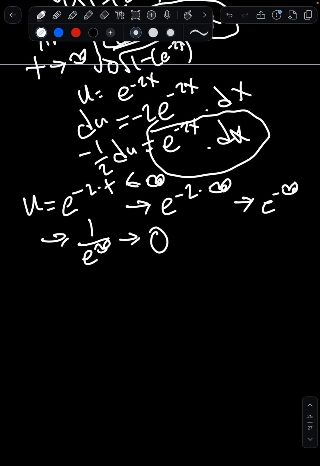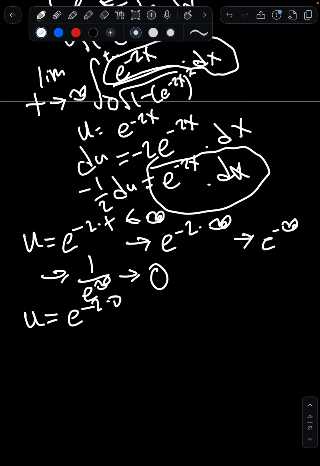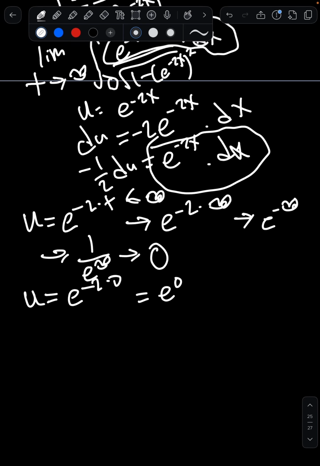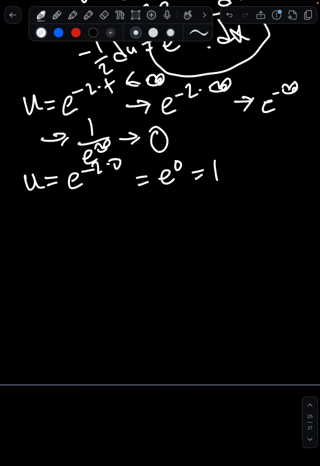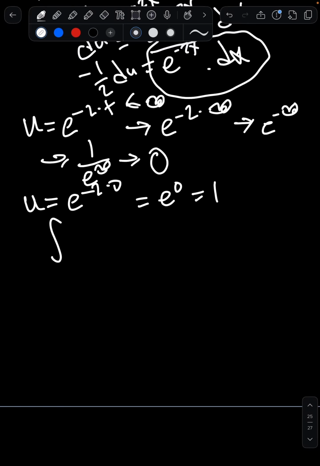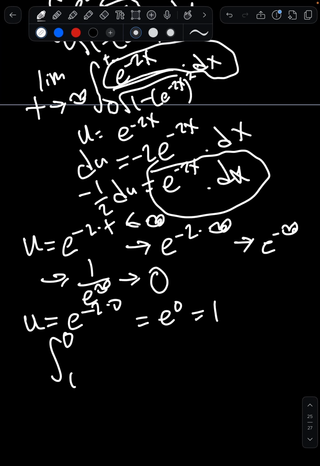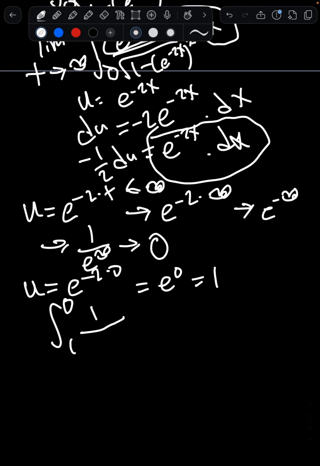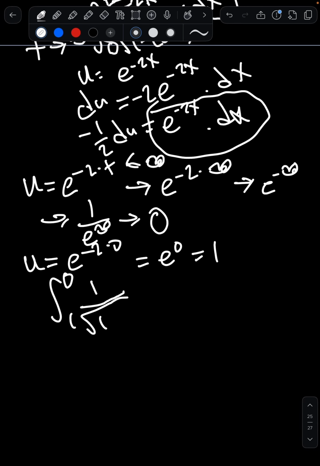Now let's do u equals e to our lower bound, which was 0. E to the 0 is equal to 1. Now we can rewrite the integral from 1 to 0 of 1 divided by the square root of 1 minus u squared times negative 1/2 du.